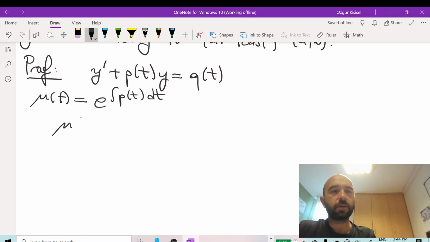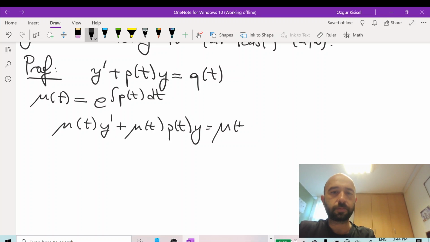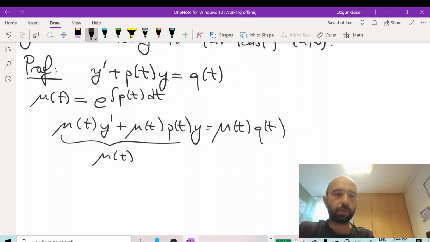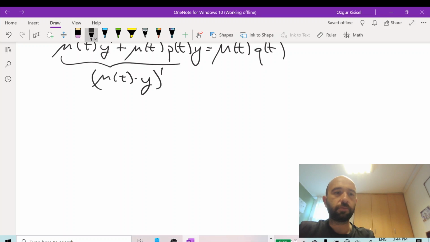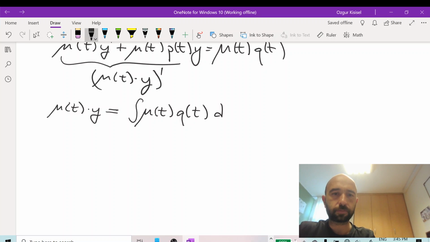Then you multiply both sides by mu. And the point was the left-hand side becomes the derivative of mu(t) times y. Now we can integrate both sides with respect to t. And as a final step, we can divide by mu.